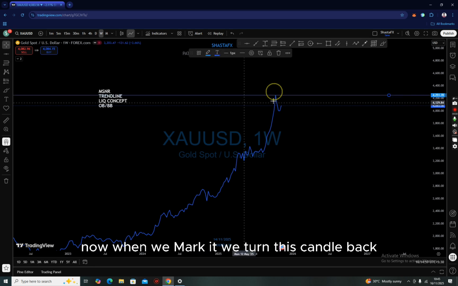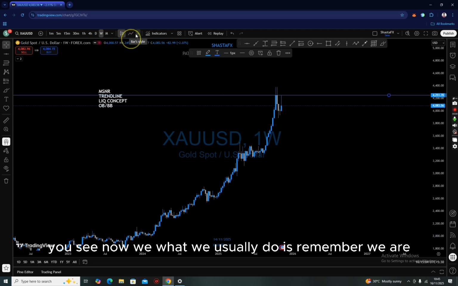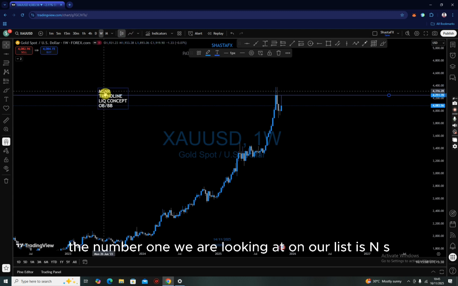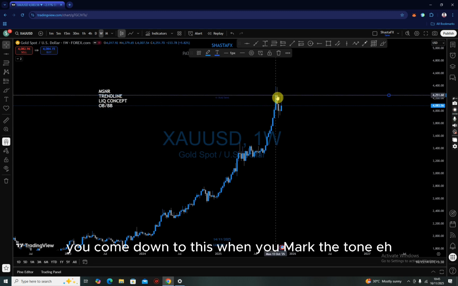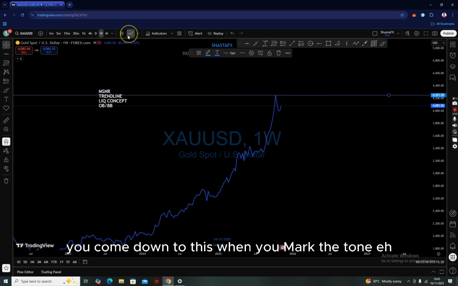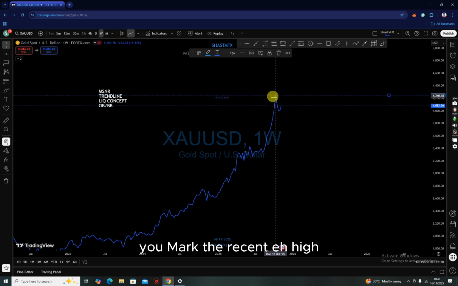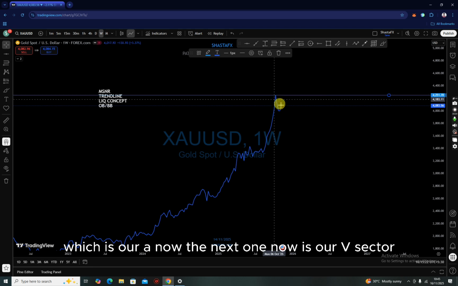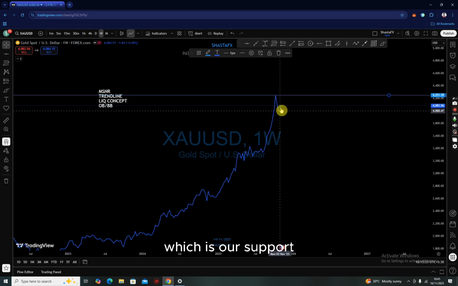Now, when we mark it, we turn the candles back. Remember, we are taking it step by step. Number one on our list is the MSNR strategy. When you take it down to line chart, you mark the recent high, which is our A. The next one is our V setup, which is our support.